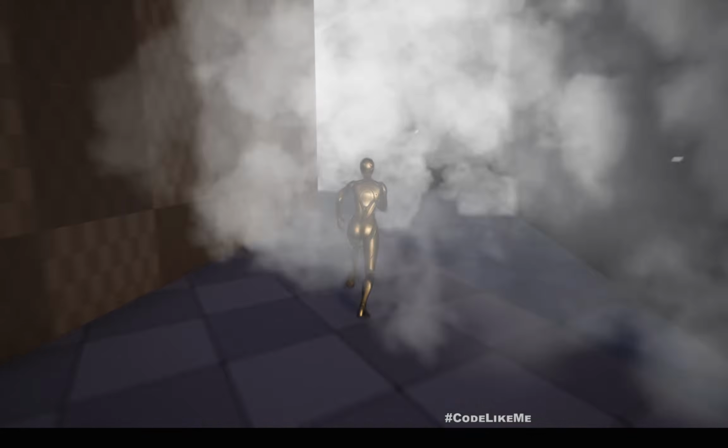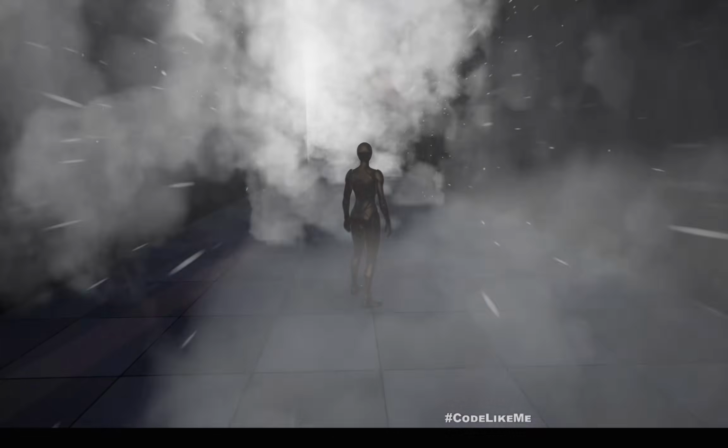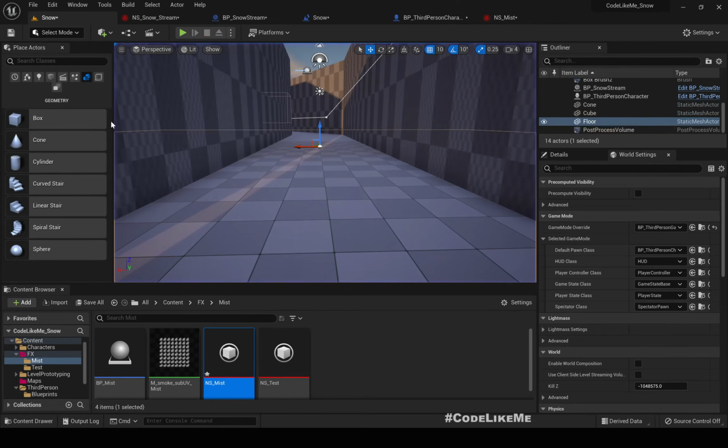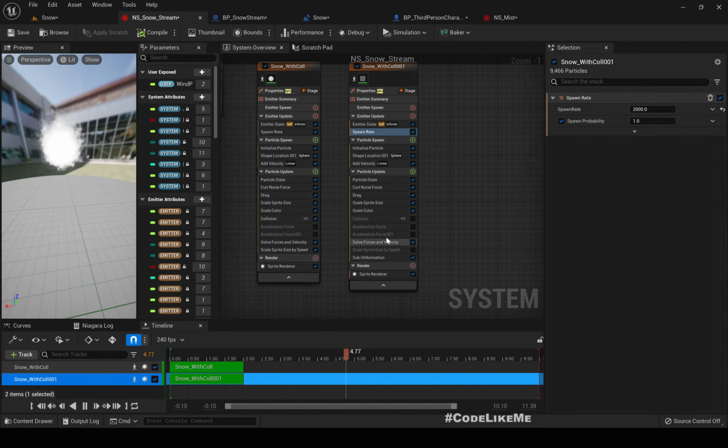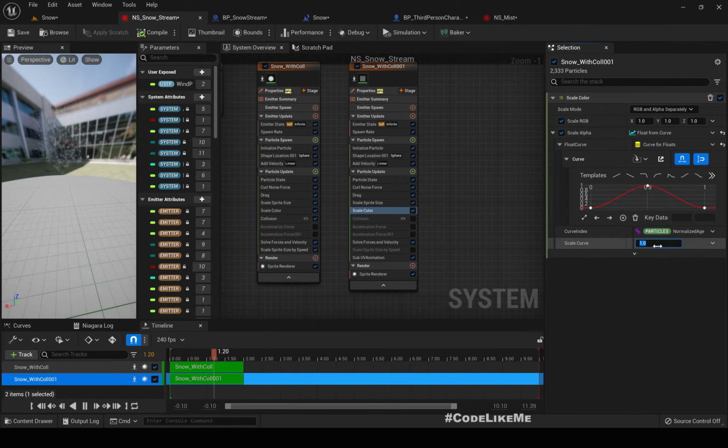Okay, that seems alright, but I think it would be better if the smoke is a bit faster, or maybe more transparent. So scale color curve, let's try 0.3.